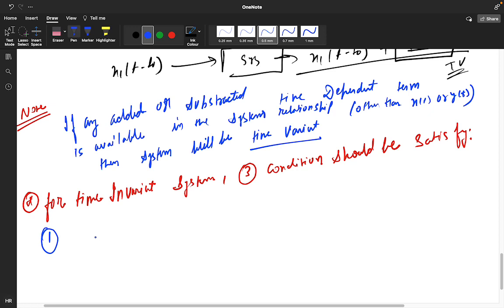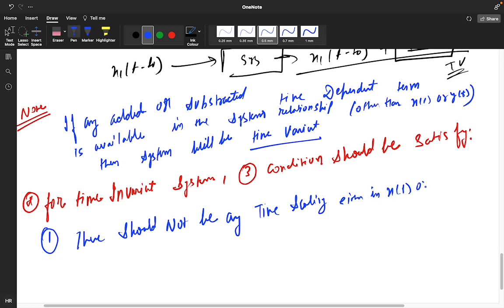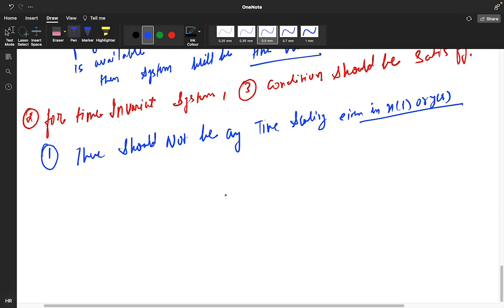First is there should not be any time scaling, either in x of t or y of t. So if you are doing the time scaling, then definitely it's a time variant system. This condition should always be followed.